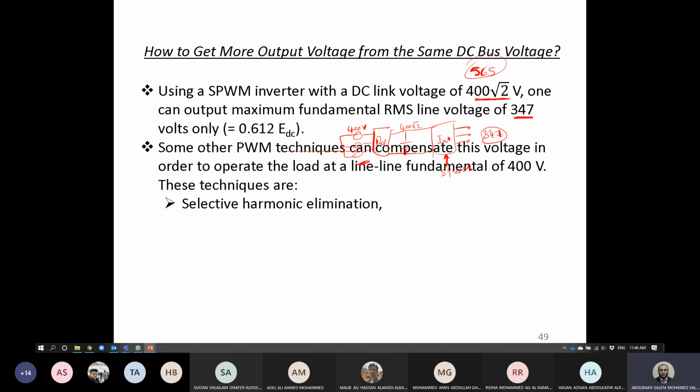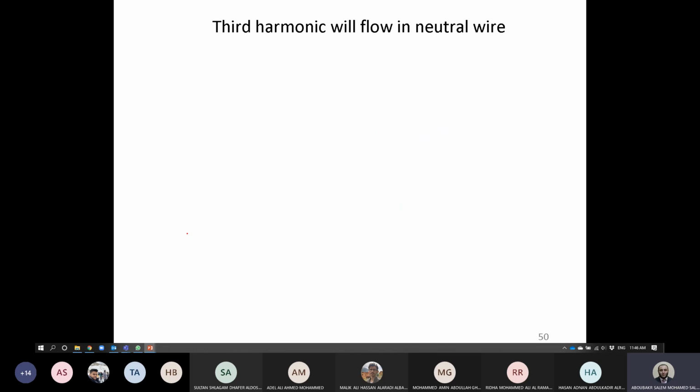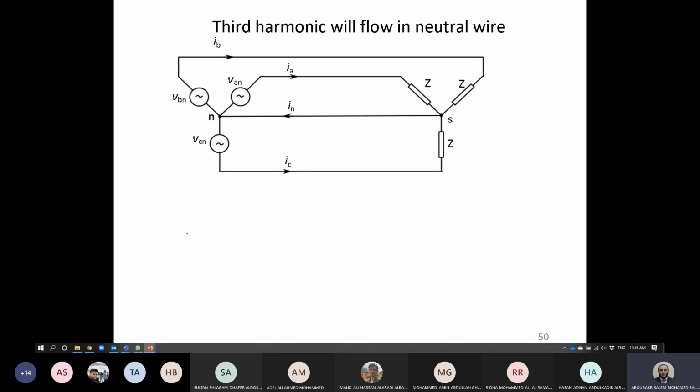These are selective harmonic elimination, harmonic injection, and space vector pulse width modulation. So we have 3 techniques that can be used for increasing this value. Right. Firstly, guys, we need to understand the harmonics in a 3-phase system.